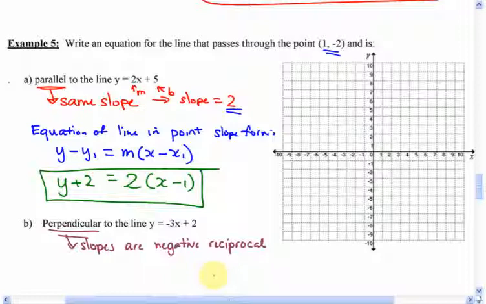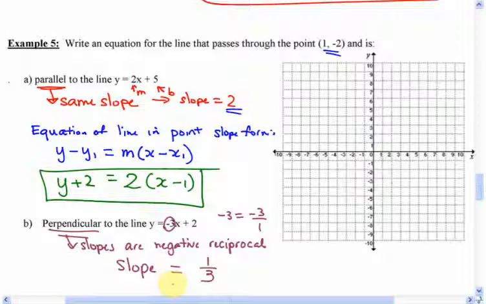So if the slope of this line is negative 3, what's the slope going to be here for the negative reciprocal? Remember, negative 3 is the same thing as negative 3 over 1. So when I do the reciprocal and I flip, 1 over 3, positive or negative? Positive.